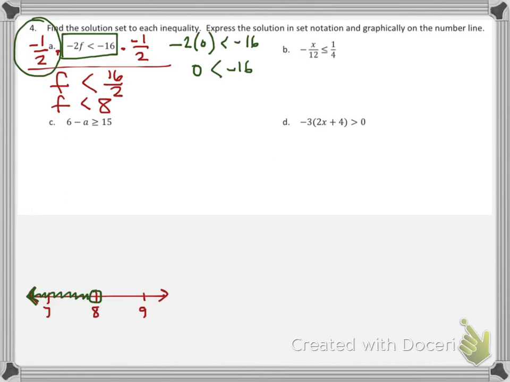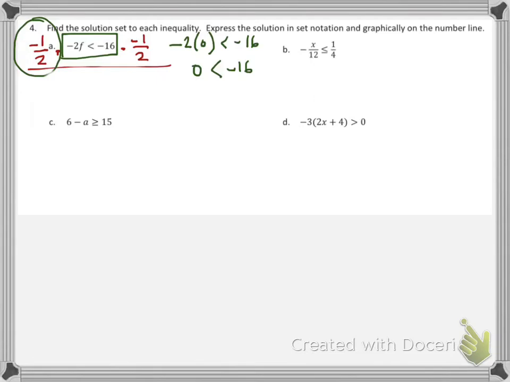So when I multiply by a negative, or I divide by a negative, you have to change your inequality symbol. So let's go back here. That means my graph is wrong. That means this part here is wrong. And let's go back and see if we can fix this.